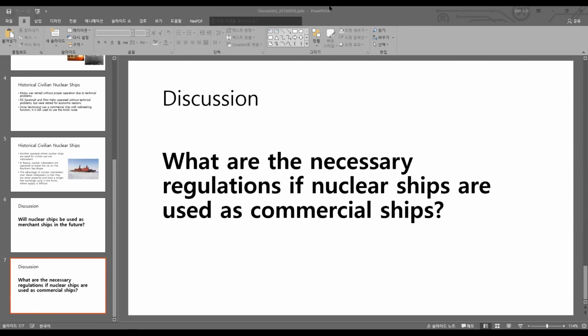I'm not sure what necessary regulations should be placed, but I guess a standardization process and regular checks by an independent authority, like regularly checking the ship structure, could be useful to make sure that no such malicious activity can be done using nuclear merchant ships.